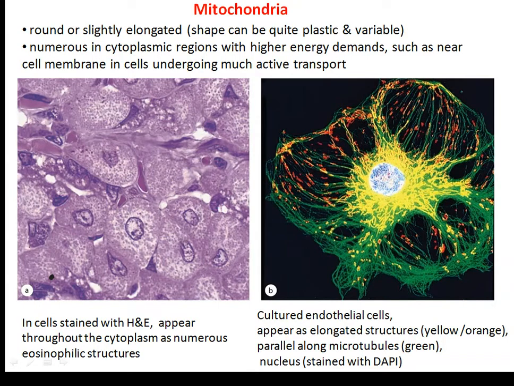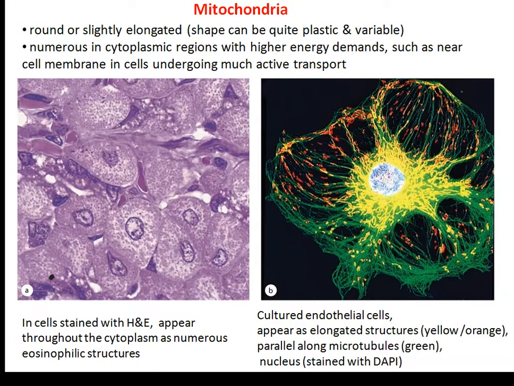The next organelle which we have to know is the mitochondria. They are round or slightly elongated structures, and they are mostly numerous in cytoplasmic regions with high energy demands, because mitochondria are the powerhouses of the cells.